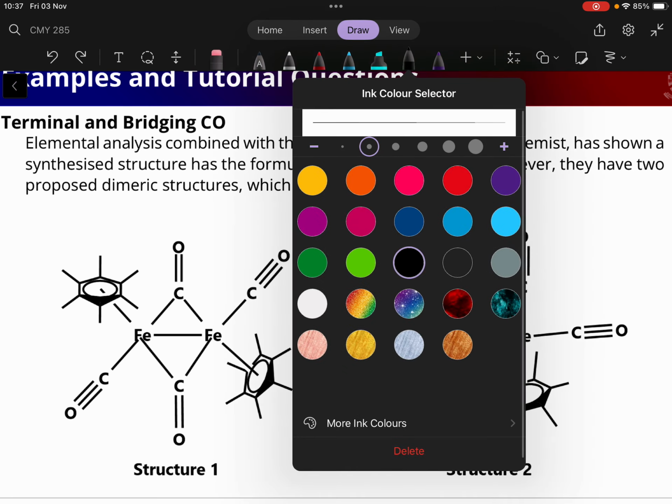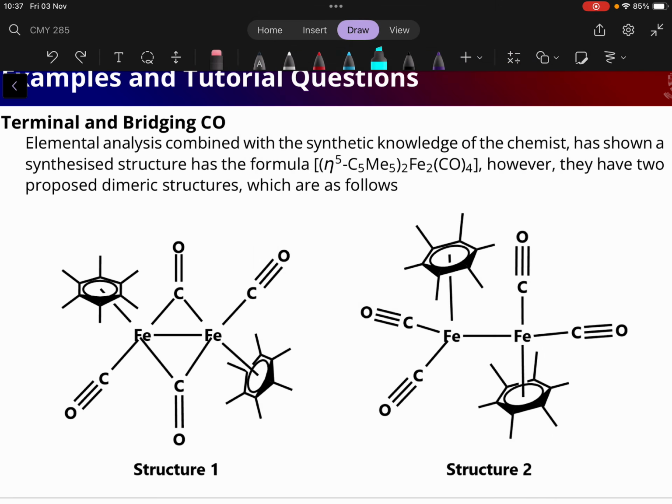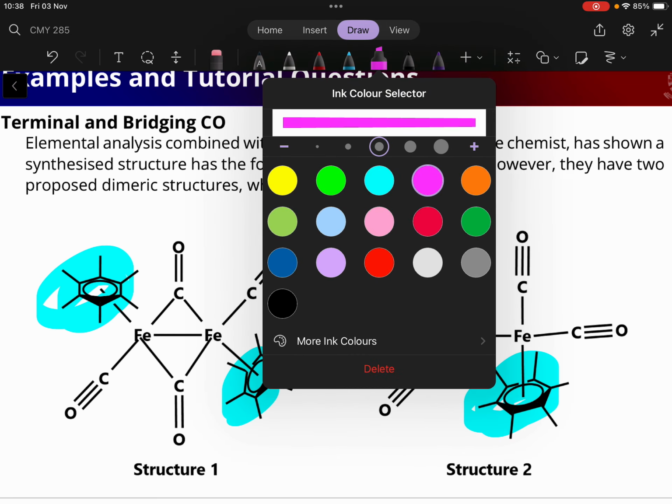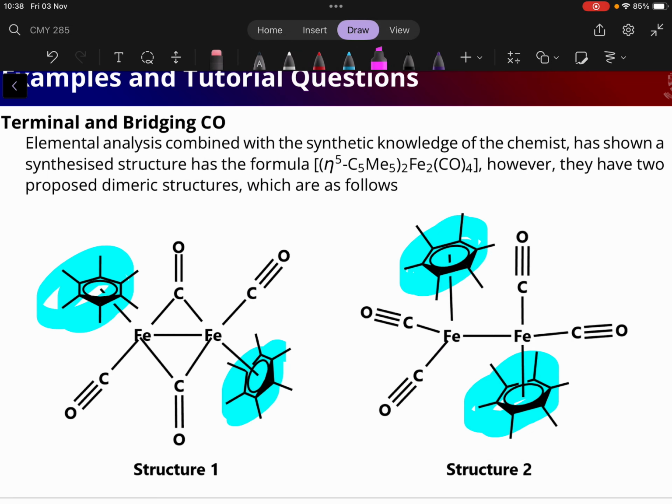Now, the first thing that we probably need to do is try and identify any differences between them. So let's start with these big groups. We can see these big groups are present in both molecules, right? You might have immediately seen the differences between the two molecules, but that's also okay.